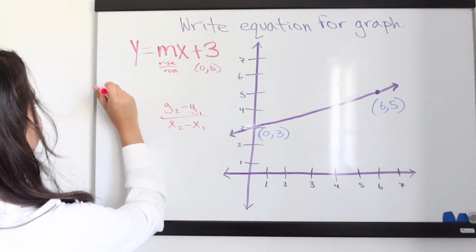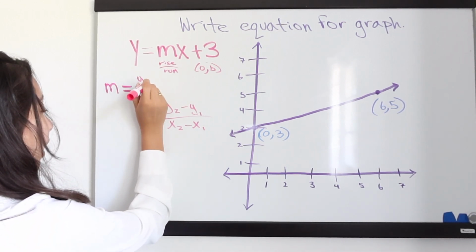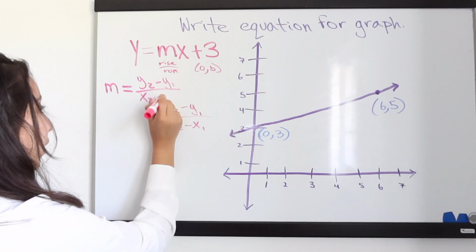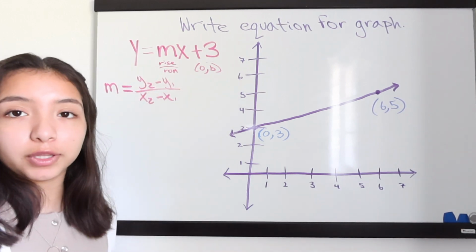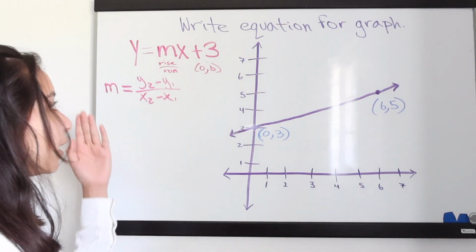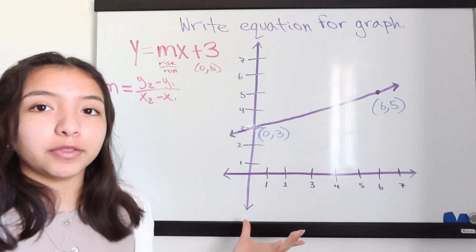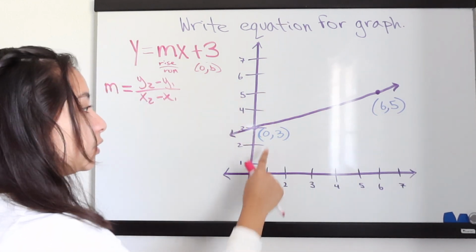So we now know that the slope m is equal to y2 minus y1 over x2 minus x1, which just means the change in y over the change in x is equal to the slope. So now you might be asking, what are these 2, 1, 2, 1 on the bottom of the variables? The 2 represents coordinate 2 and the 1 represents coordinate 1.